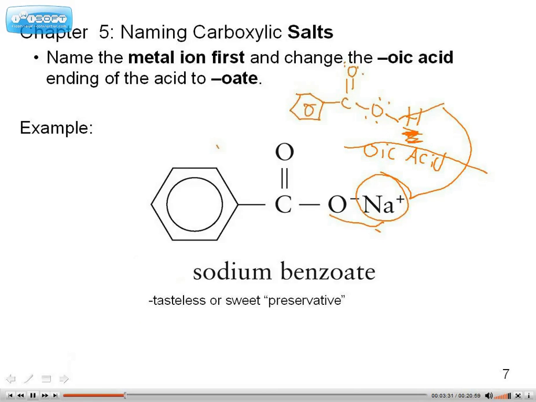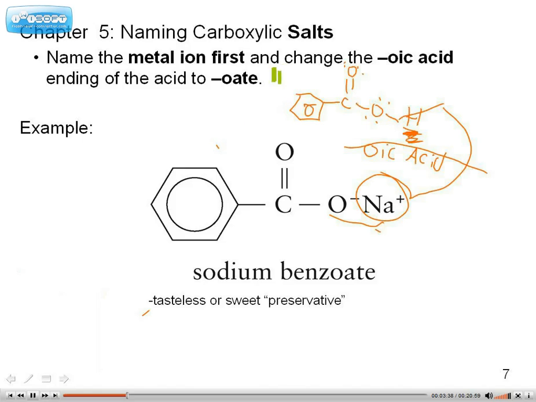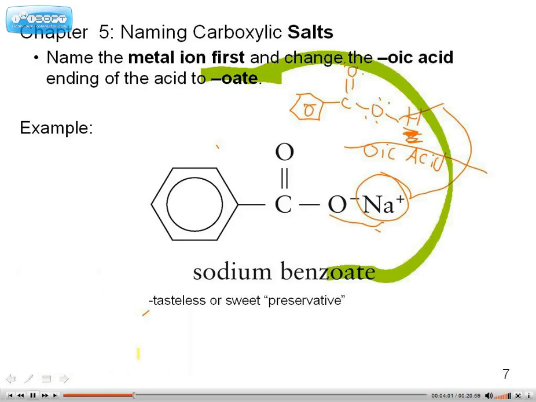What is it going to be? It's going to be oate. So we change the oic acid to oate. So in this case, it's no longer benzoic acid, it's going to be sodium benzoate. As you may have just figured out, we need to let people know what type of metal is connected.